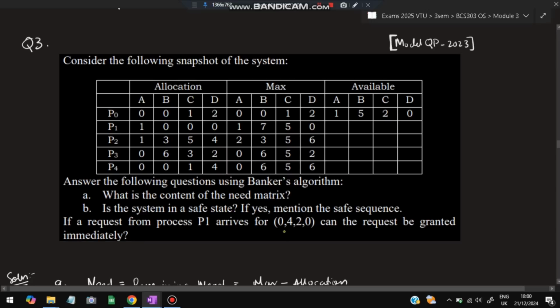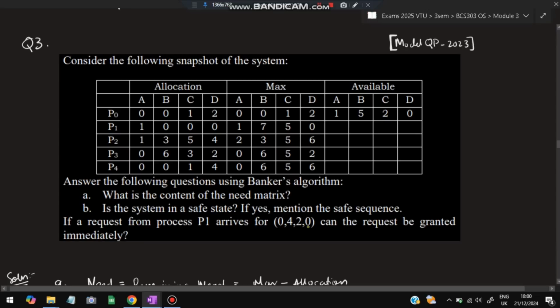Okay, and the requirement is coming for 0420. 0 this will be satisfied, but 4 this will not be satisfied, 2 this will not be satisfied, 0 this will be satisfied. So for b and c it will not be satisfied, but there is some availability here, right? So 4 from here, if I give 4, this will be satisfied, right? And 2 from here, the 2c if I give, that will also be satisfied.